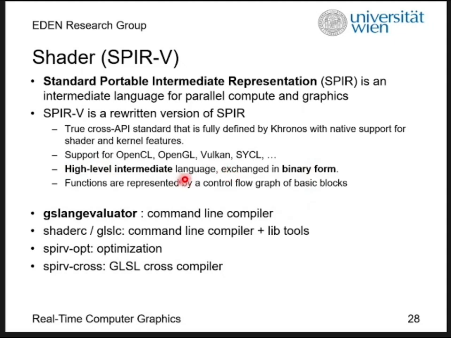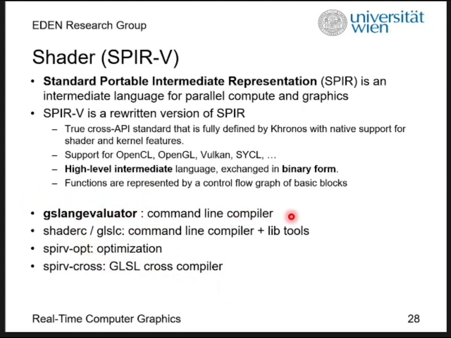It's actually a high-level intermediate language. It feels like a language, but you don't have it in a textual form. You have it in a binary form. It's like a bytecode. And you can use a couple of tools when you install the SDK. You get tools like the GLSL Lang Validator, for instance, or Shader RC.